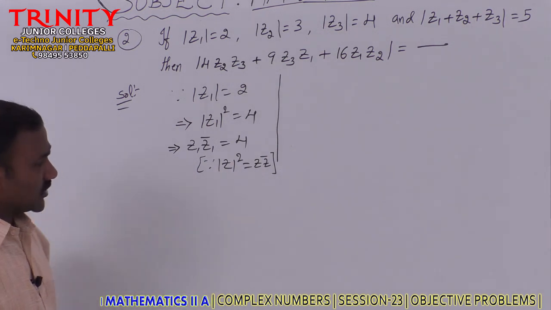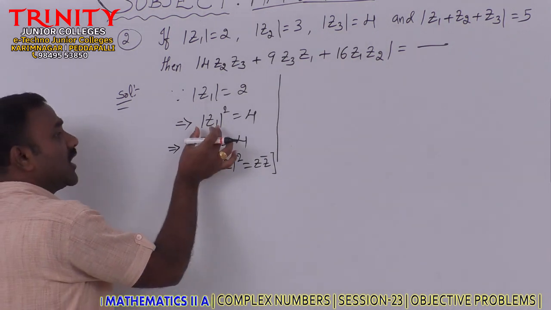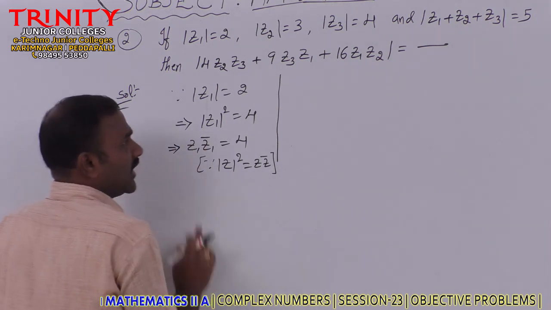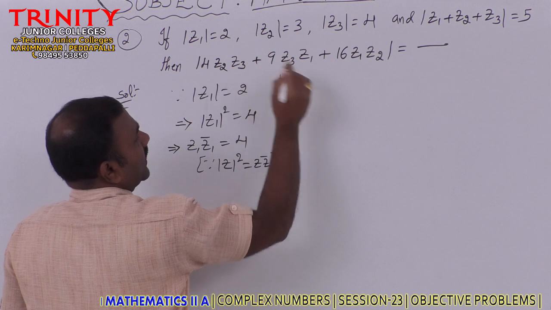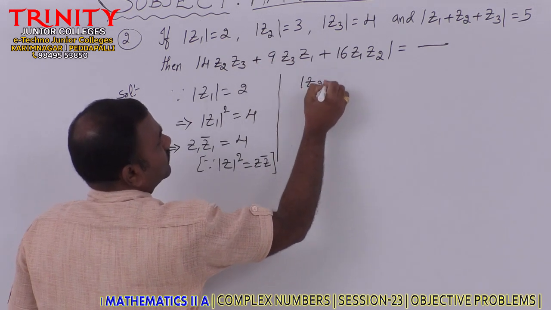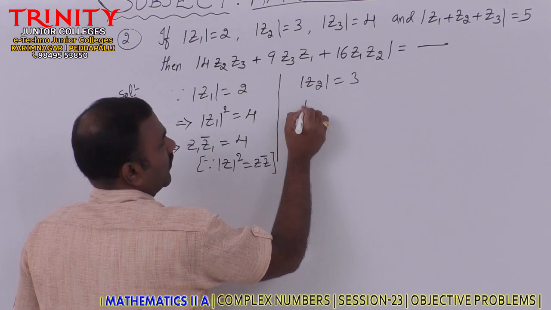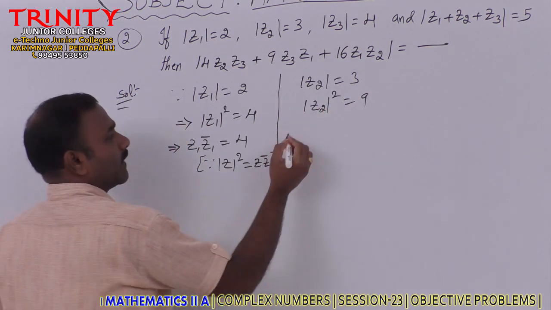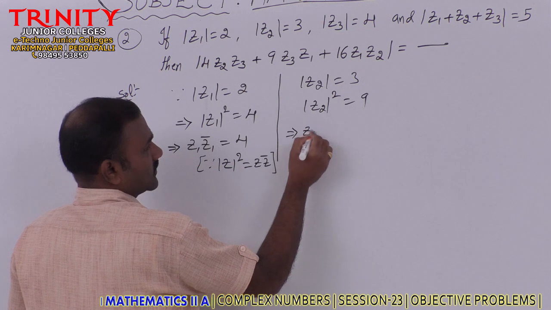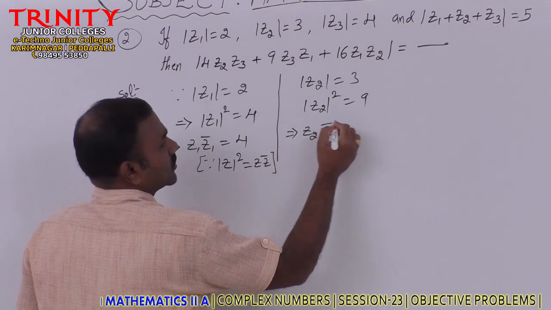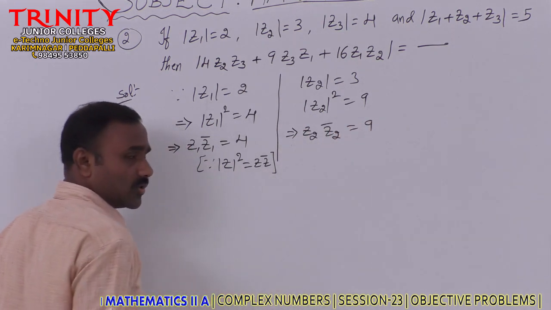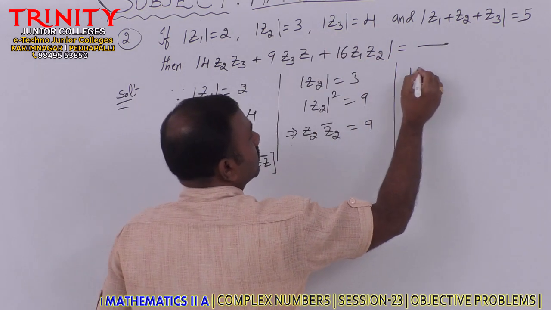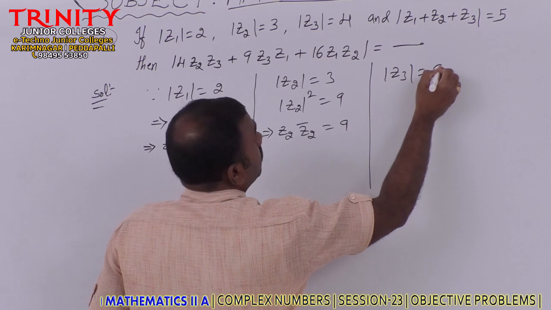Therefore, mod z1 square I am writing as z1 into z1 bar. Similarly, the second one, mod z2 is equal to 3, squaring, mod z2 square is equal to 9. Then we can write this one as z2 into z2 bar, that is equal to 9. And the third one is mod z3 is equal to 4.